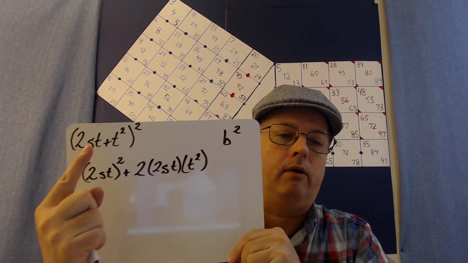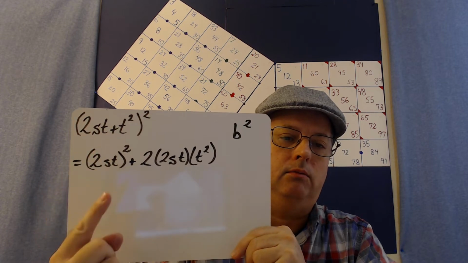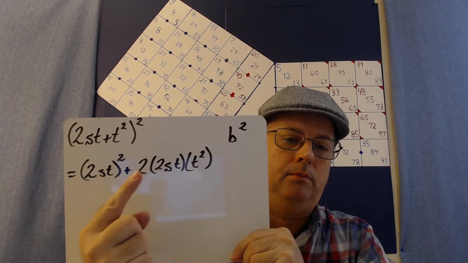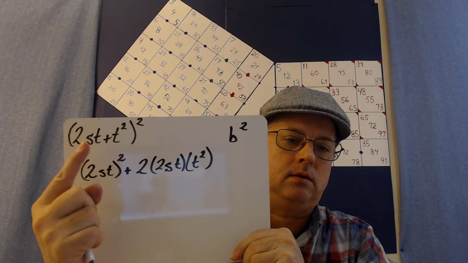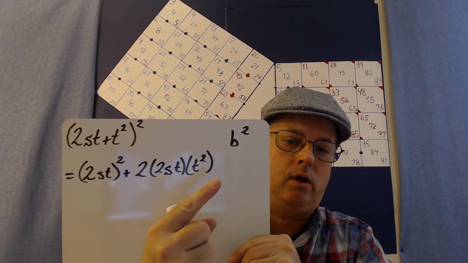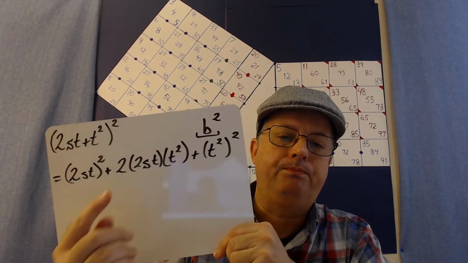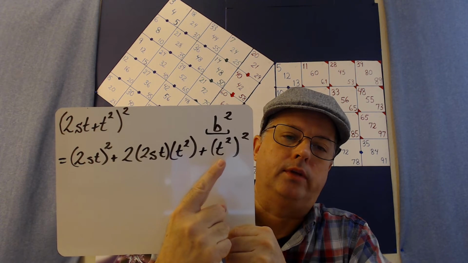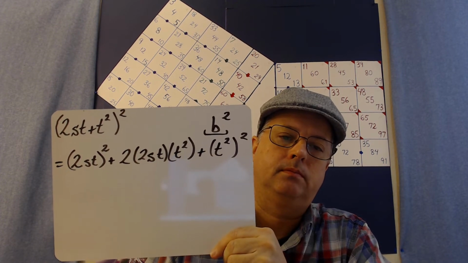Okay, so we have our x expression here, 2st, and we have x squared, and then plus 2 times x and times y, so x squared plus 2xy, and then plus y squared. So plus t squared squared. All right, so that's our y squared.